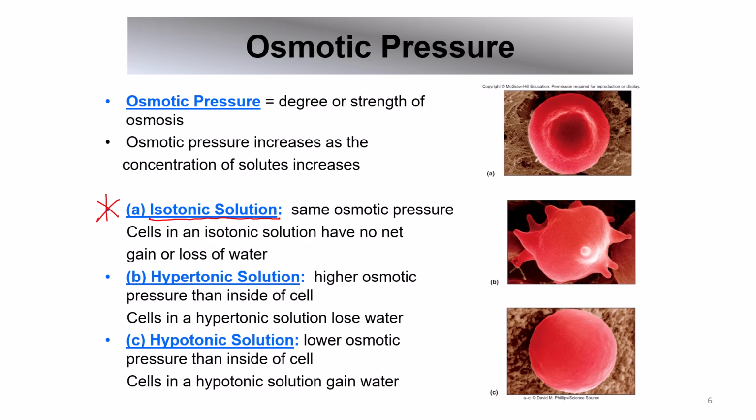So here you have no net gain or loss of water. Cell remains the same size. In a hypertonic solution, here the cells lose water. When they lose water, they shrink. In a hypotonic solution, here the cells gain water. And when they gain water, they swell.